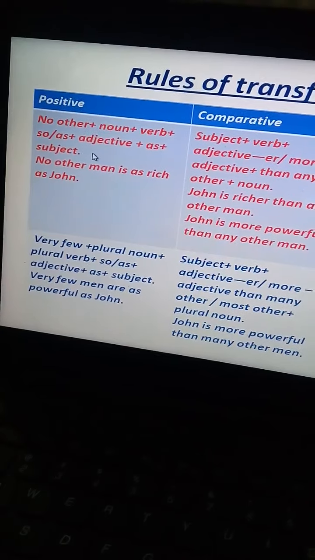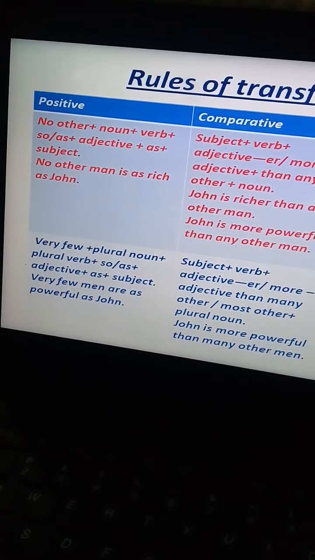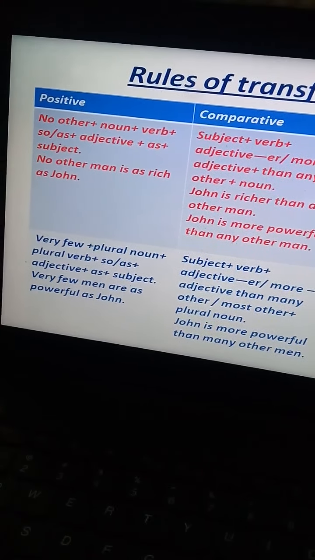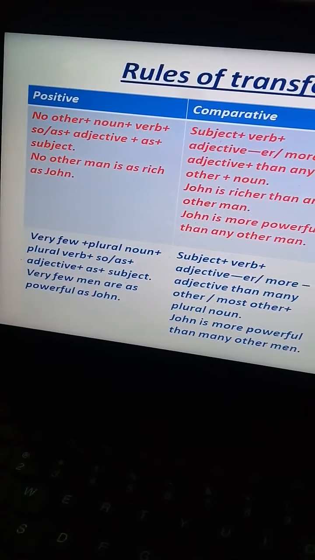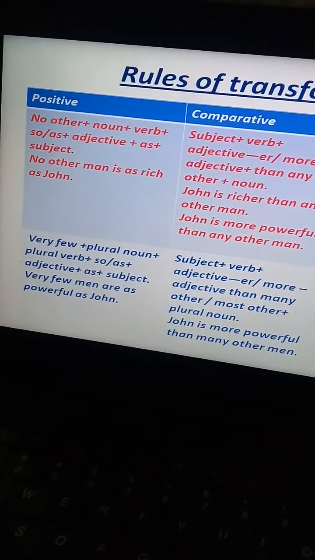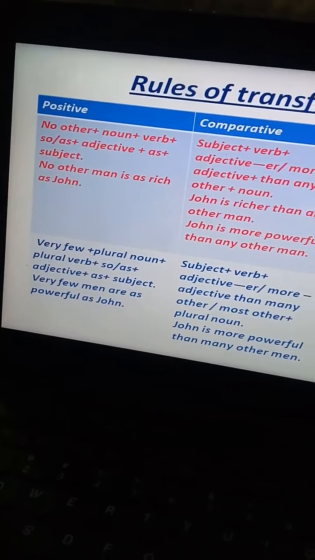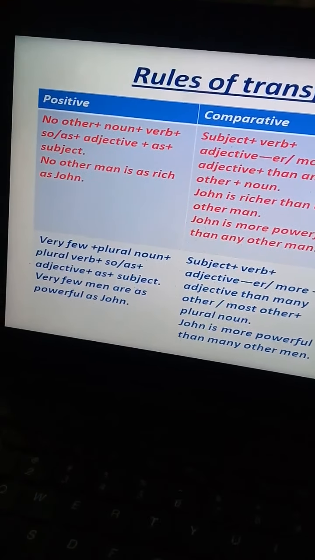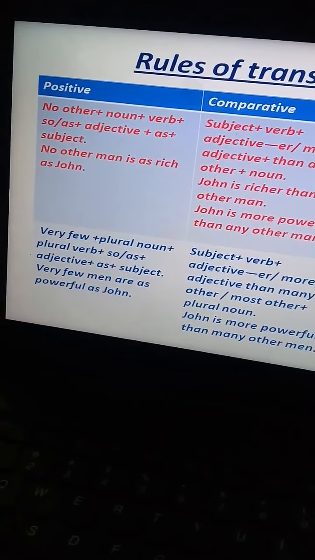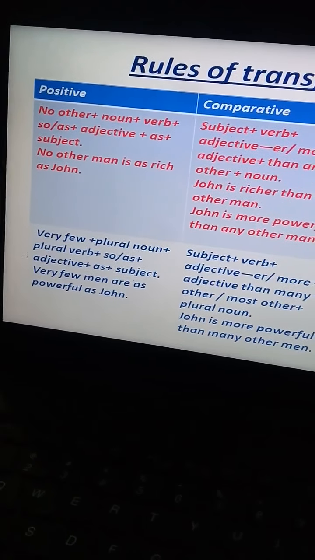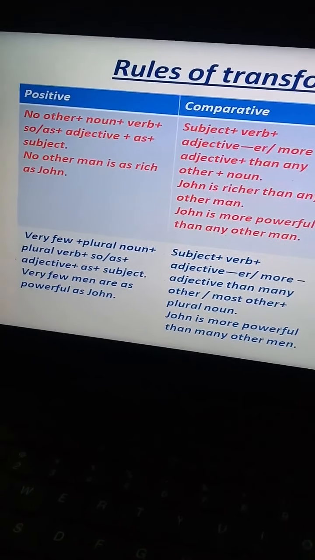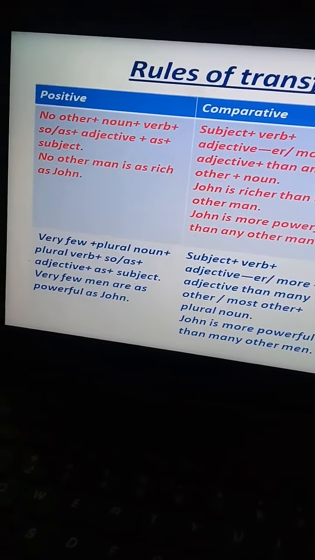This is very interesting, because normally a sentence starts with a subject. That means the subject must be written in the first place of a sentence. But here in the positive degree you have already noticed that the subject is written at the end of the sentence.